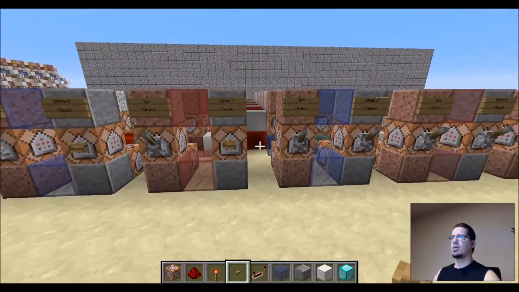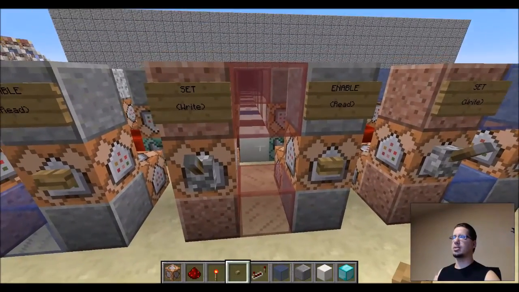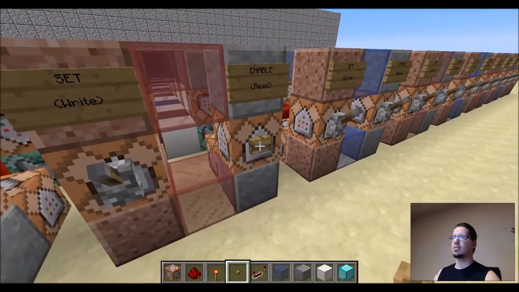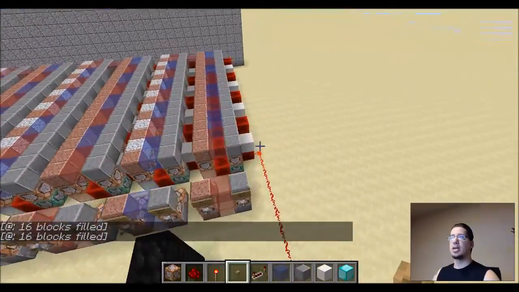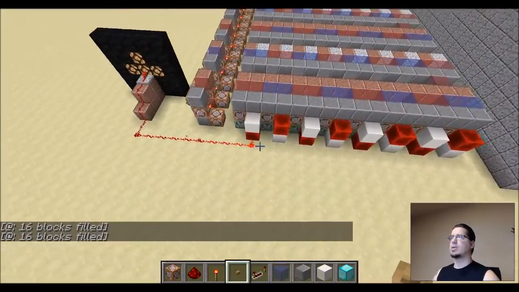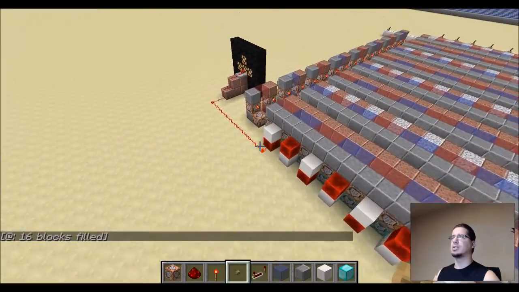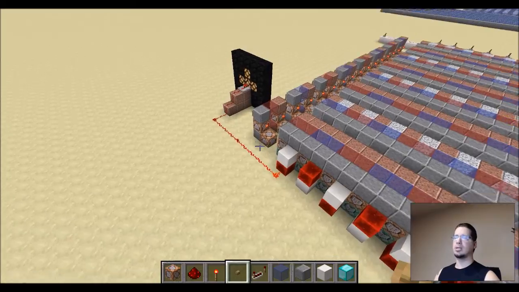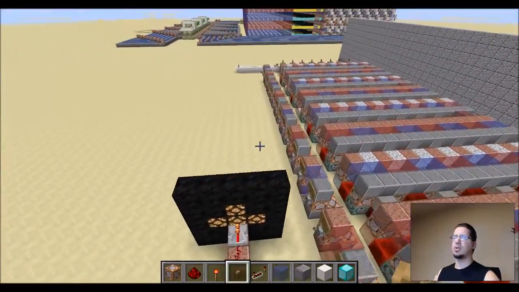Because those two blocks only work when they see that there's a redstone block here, they don't actually do anything. And that's okay, because we don't want it to be overwritten right away. There are other places along the bus that are going to be taking in this data, and we don't know how long that will take.